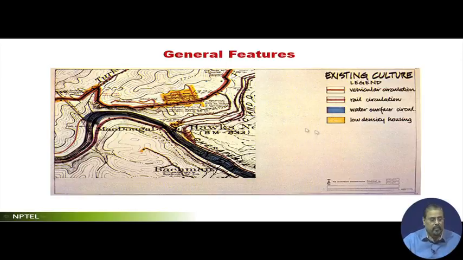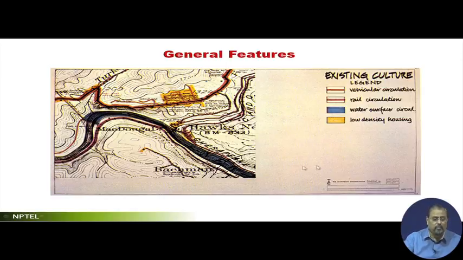Okay, in this, what you are trying to say is the vehicular circulation. You are trying to find out the railway circulation, the waterways by which it can be linked, whether there is any low density housing, high density housing, slums or whatever, and whether it has water surfaces.